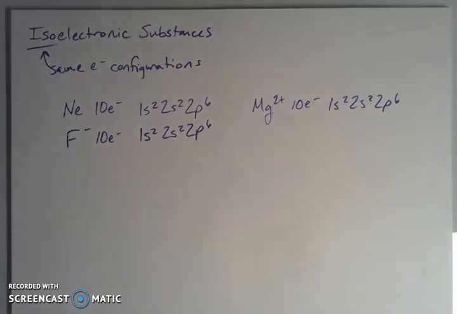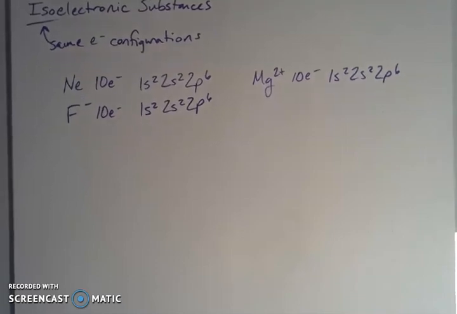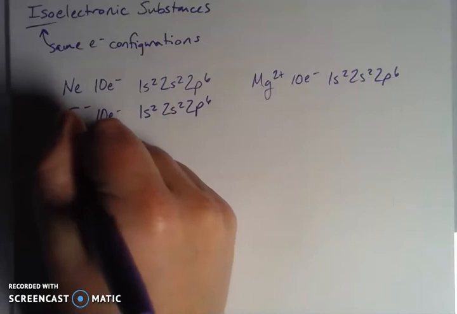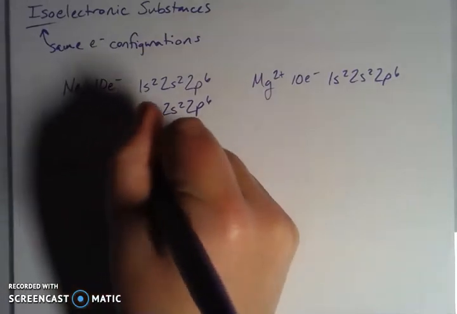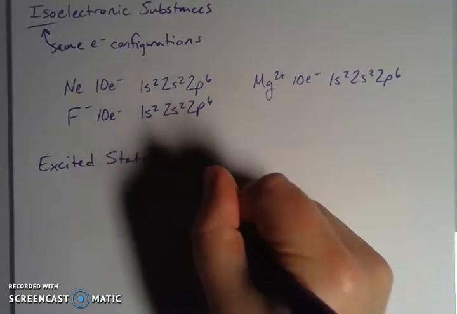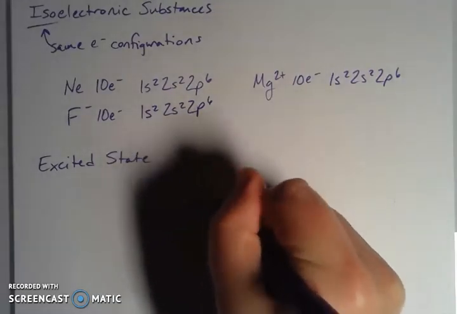We can also talk about electron configurations for things that are outside of the ground state. So let's talk about the excited state. Now, excited state electrons would be something where we've bumped up an electron to a higher energy level. It's into a new shell, for example. So let's look at the Bohr model of the atom here.